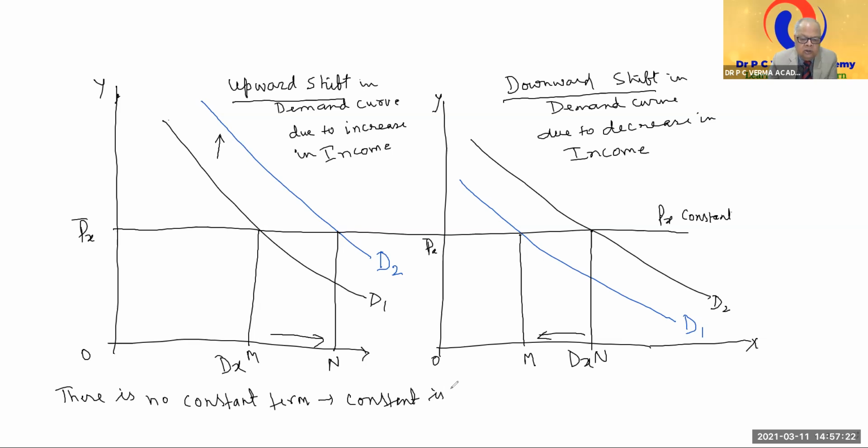Constant is Px and the variables are Y, E, R, C. No assumption.